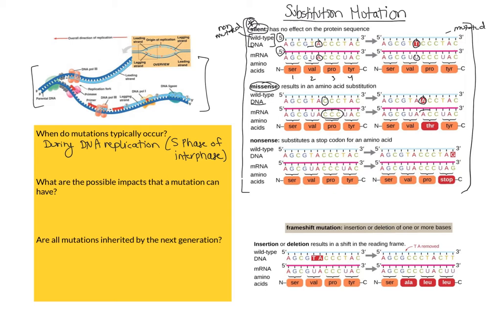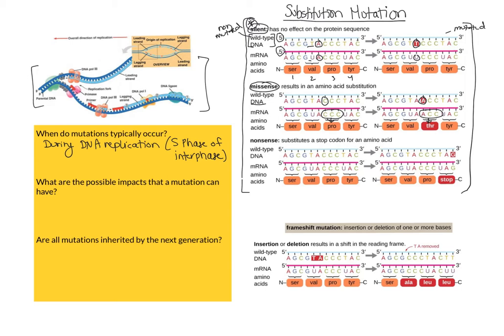Now there is an ACC. And that's actually going to code for a different amino acid that used to be proline, but now is threonine. Right? So that is called a missense substitution mutation, where that substitution in the DNA changes an amino acid.